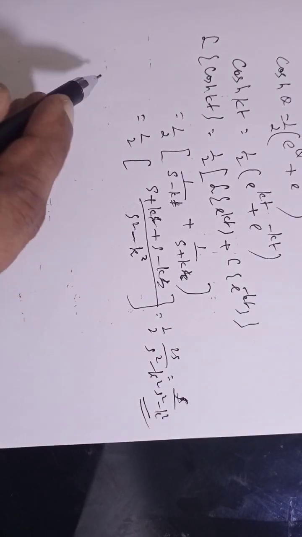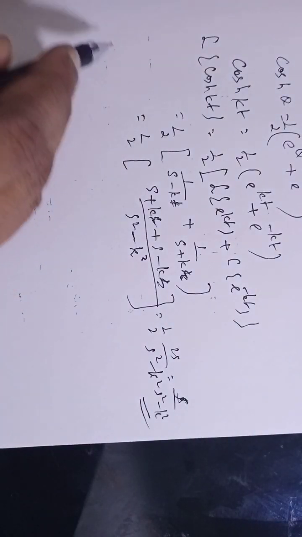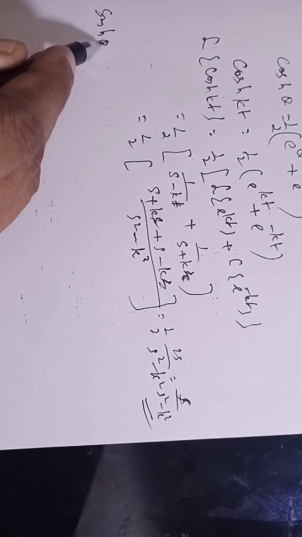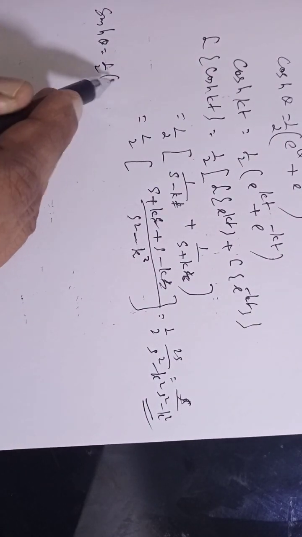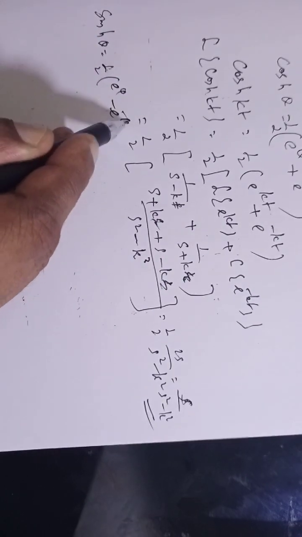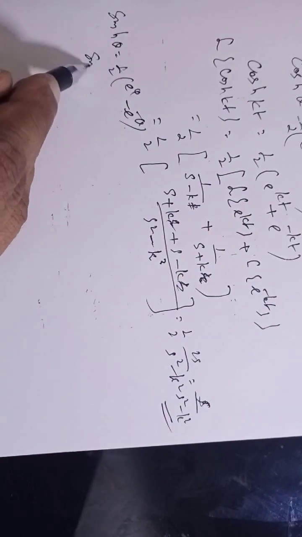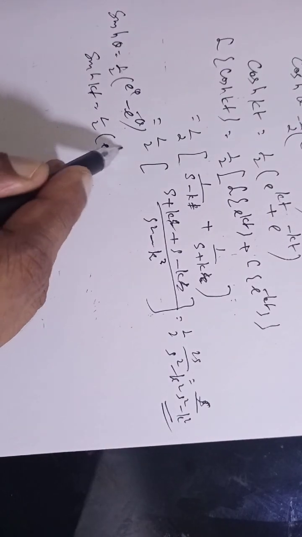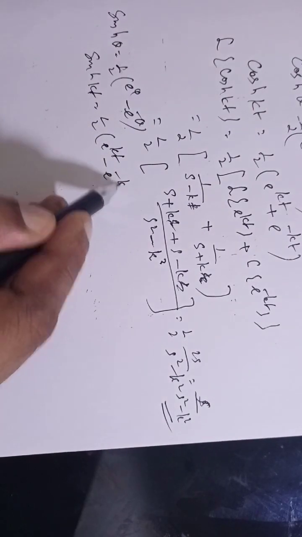Similarly, we can find the Laplace transform of sinh kt by using the result sinh theta is equal to half into e raised to theta minus e raised to minus theta. Likewise, sinh kt is equal to half into e raised to kt minus e raised to minus kt.